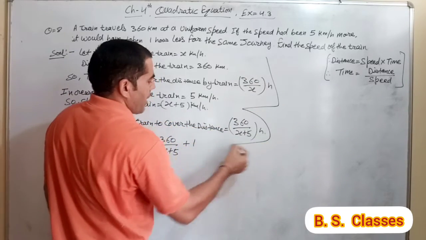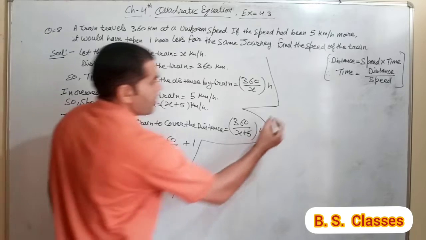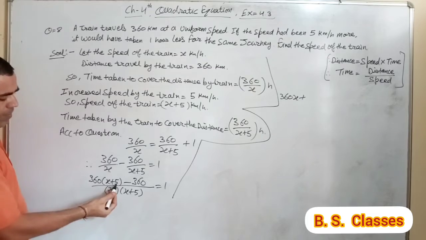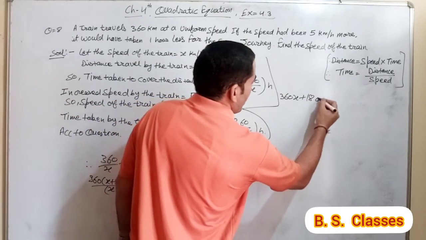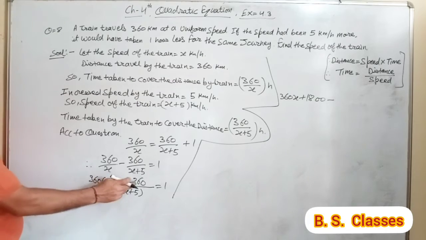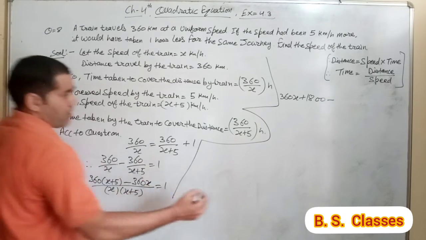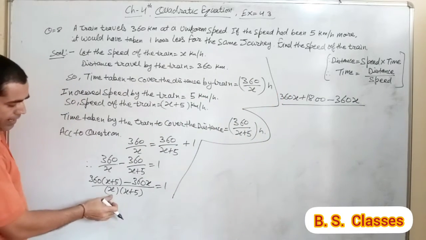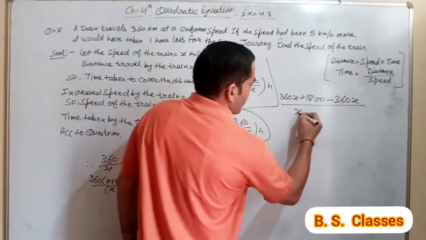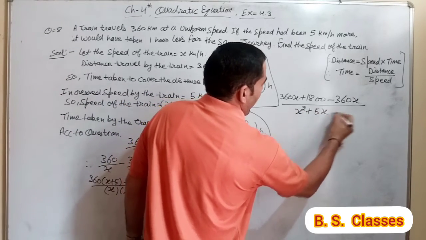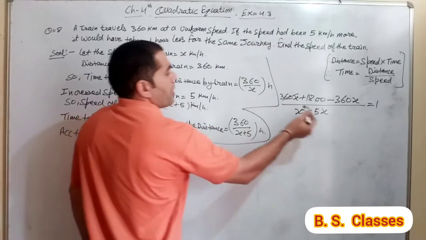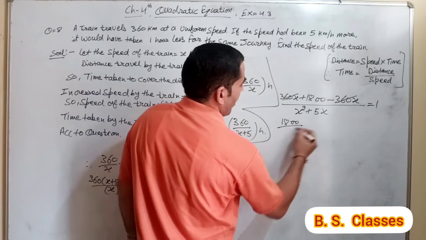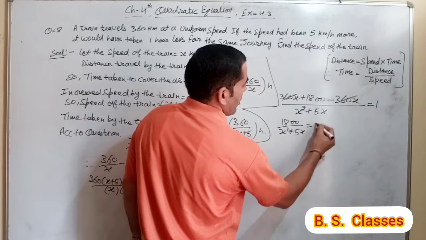Now the next step: 360 multiplied by x plus 5 gives 360x plus 360 multiplied by 5, which is 1800, and the negative sign on 360x, upon x multiplied by x plus 5, which is x square plus 5x, is equal to 1. The numerator 360x is cancelled by the negative 360x. So 1800 upon x square plus 5x is equal to 1.